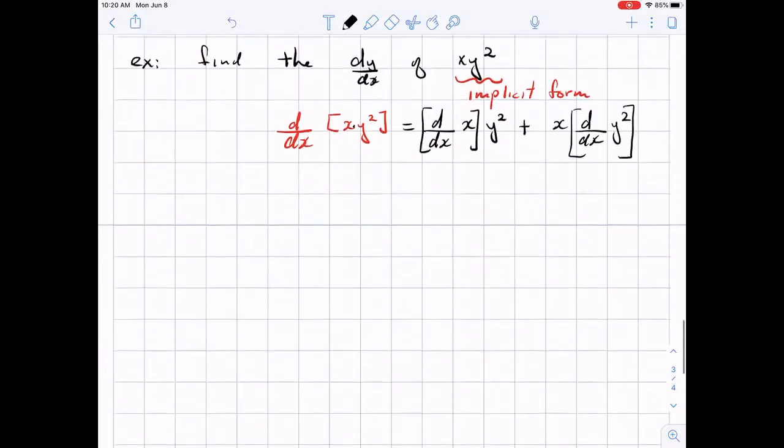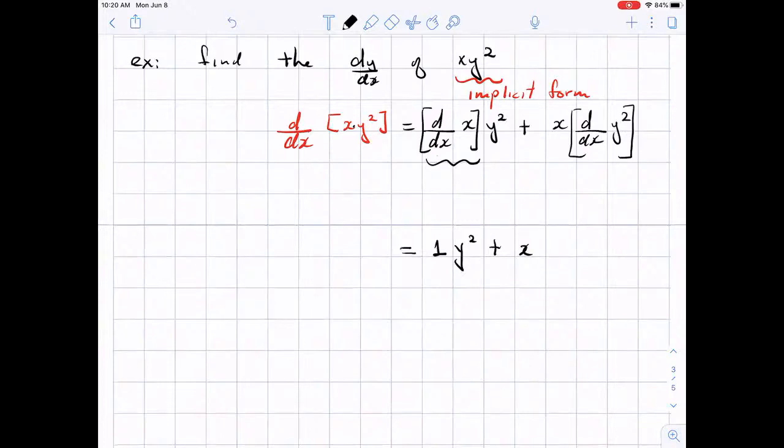Since these variables are the same, the derivative of x becomes 1, the y squared stays, plus the x stays now, and for the derivative of this here, you have to use the chain rule.